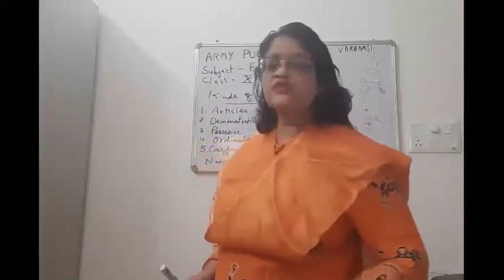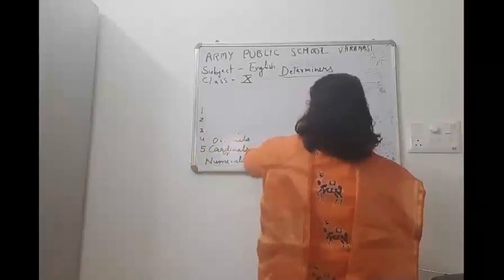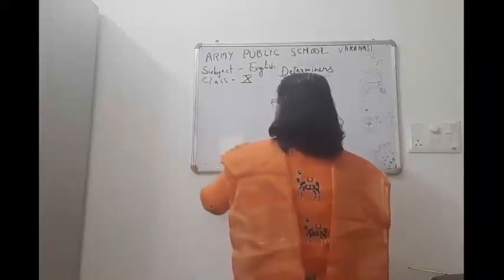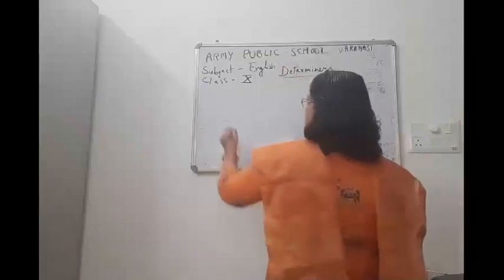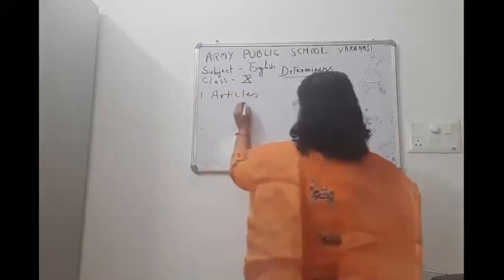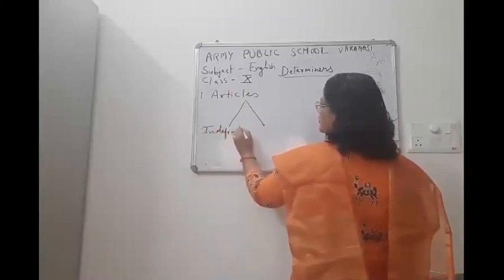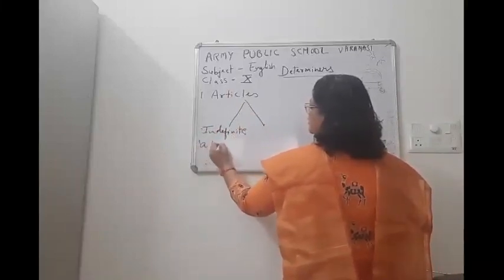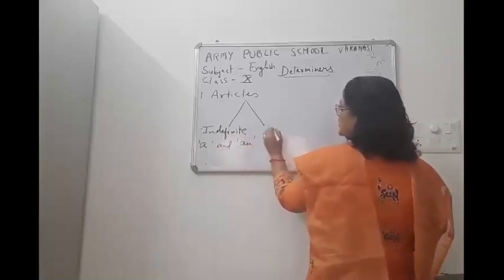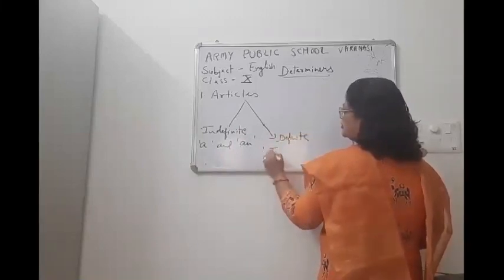We were already doing the first one. Now I will be explaining the first type of determiner, that is articles. Children, we know that articles are of 2 types. One is indefinite, a and an, and the other is definite, the.